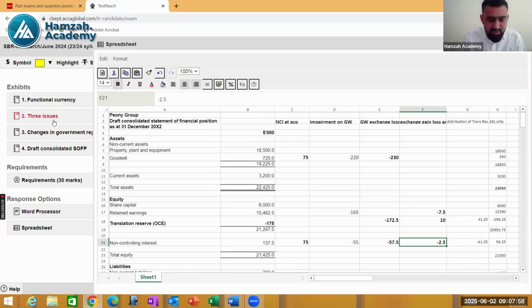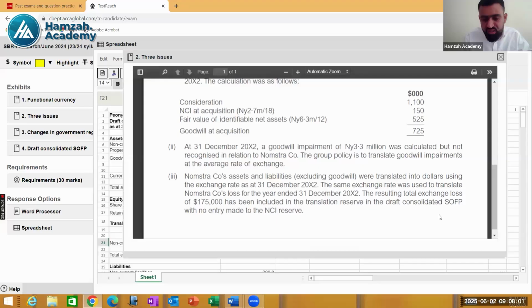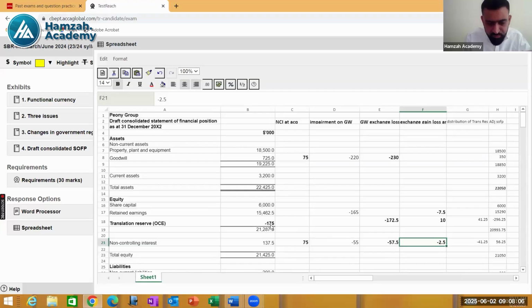After that, the last issue is that the translation reserve which they have recorded here, which is 175, that loss is not distributed to the NCI. It is totally allocated to group, but 25% of that relates to the NCI. So 175 and 10, now we have 165. Now the 165 loss should be deducted from the translation reserve and should be allocated to NCI.